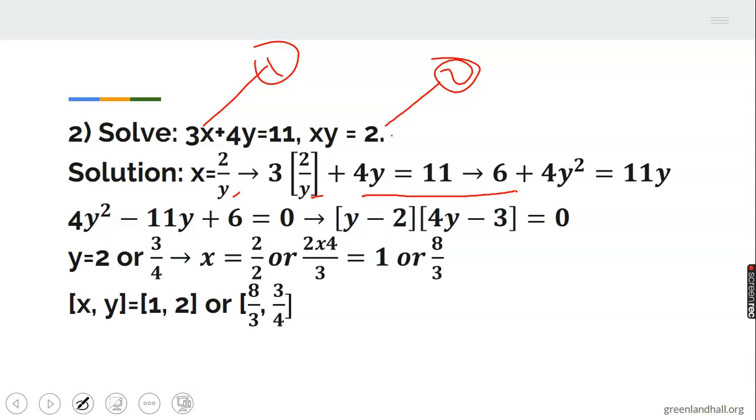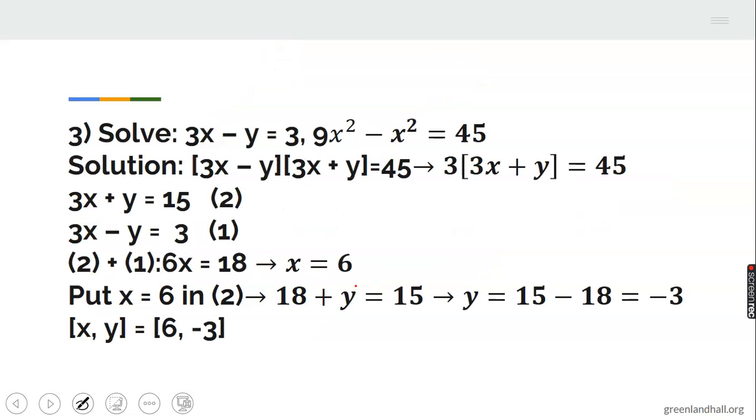Then I will clear it and get this one here. Now this is the entire factorizing. I have this, so my y is 2 or 3/4. Now substituting this for x, I will have x equals 2 over 2, or 8 over 3. So this is the final answer.